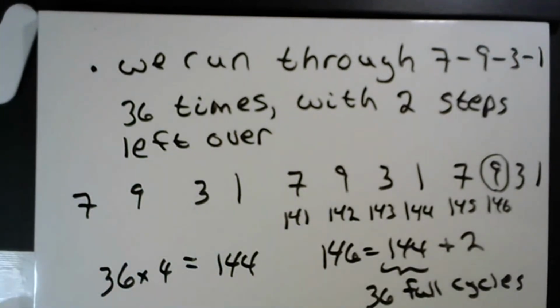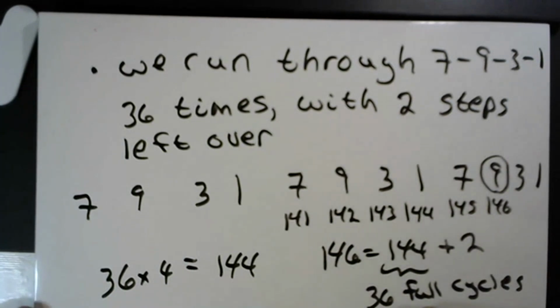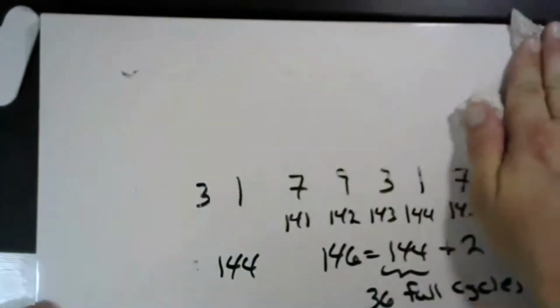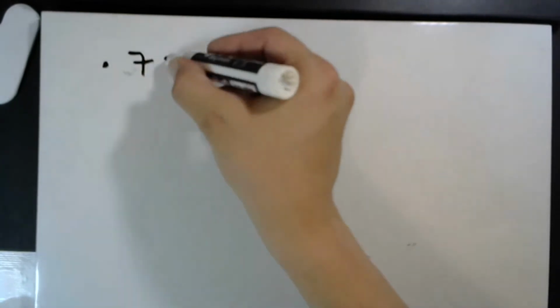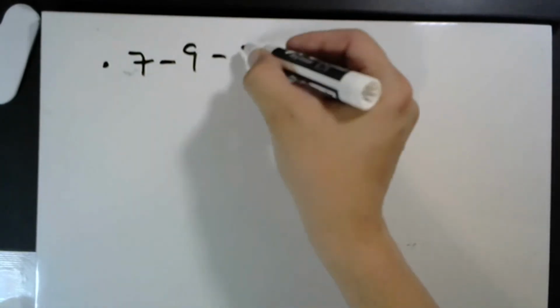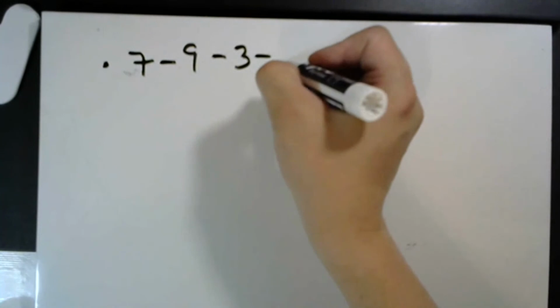Now there's a less complicated way of putting this. I could sum this up into kind of a shortcut, and that might be a little more helpful. We can take the cycle length. So we figure out our cycle is going to be 7, 9, 3, 1.